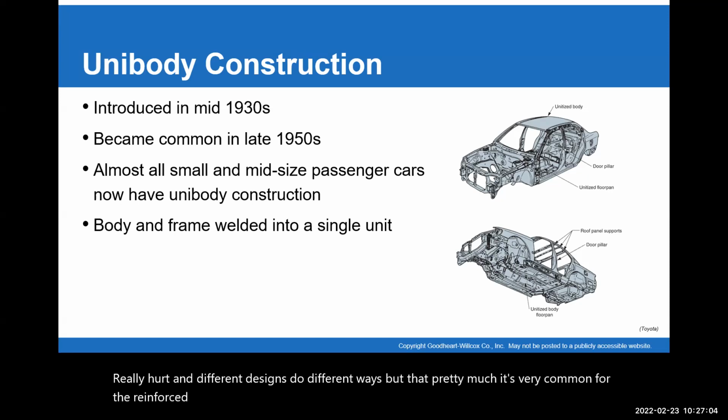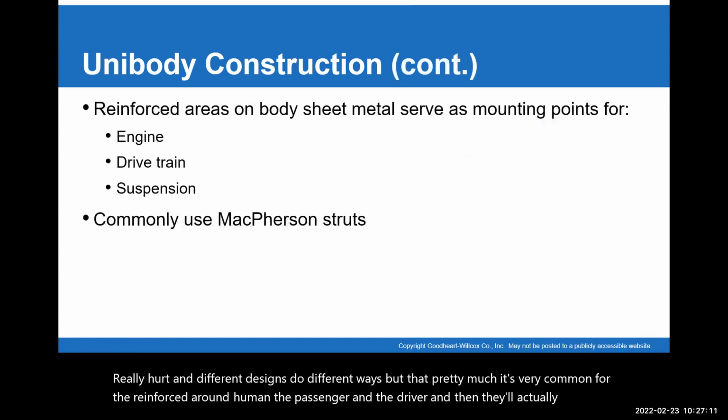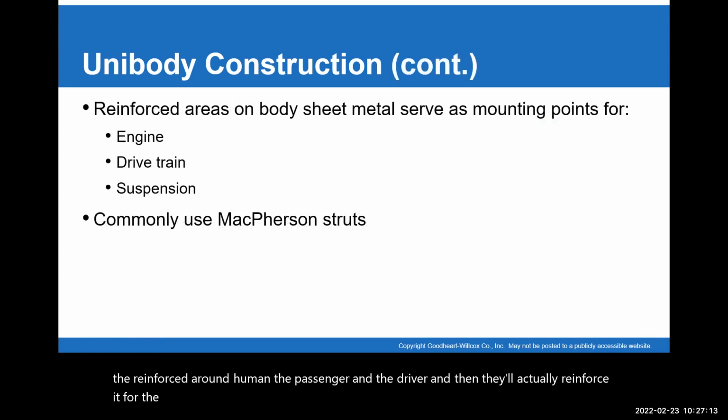Now, different designs do it different ways, but it's very common for it to be reinforced around the passenger and the driver, and then they'll also reinforce it for the engine, the drivetrain, and the suspension systems. So it's not like, as I explained earlier, it just crumbles up.